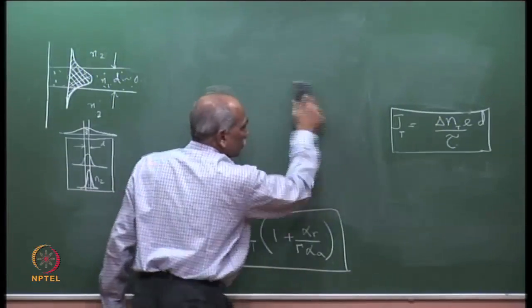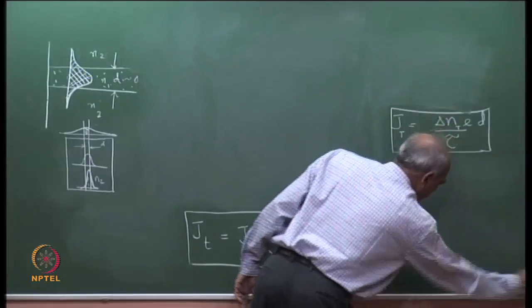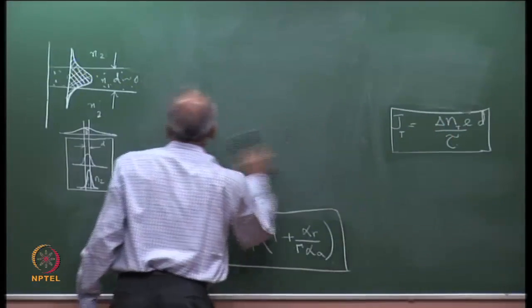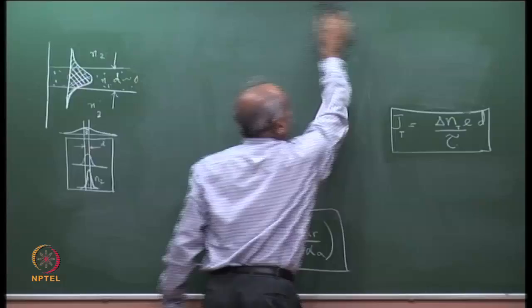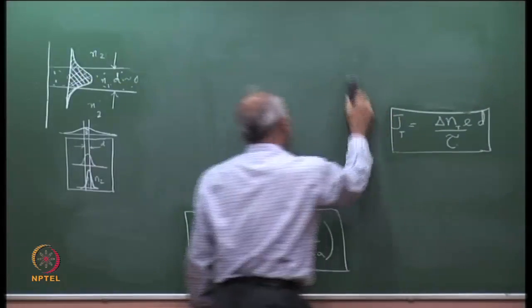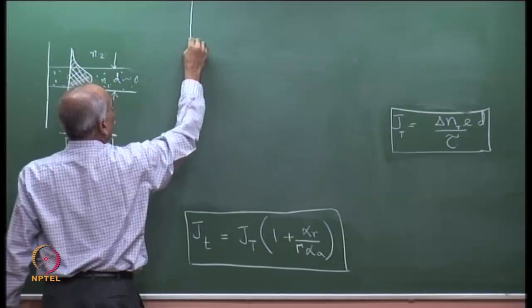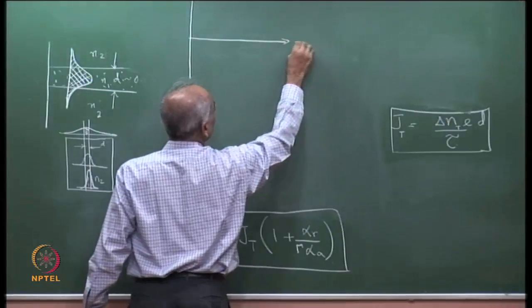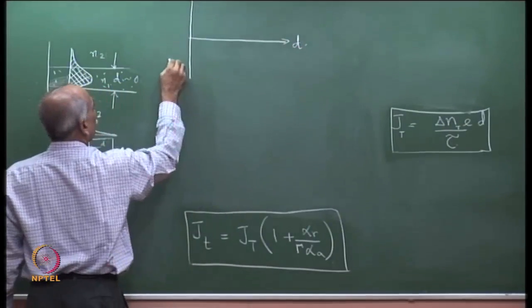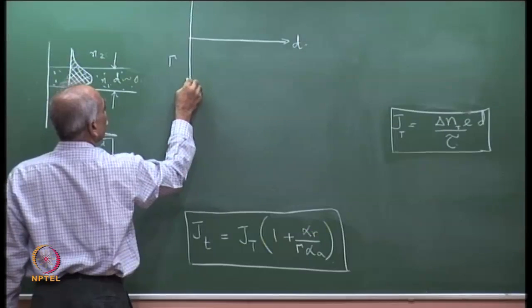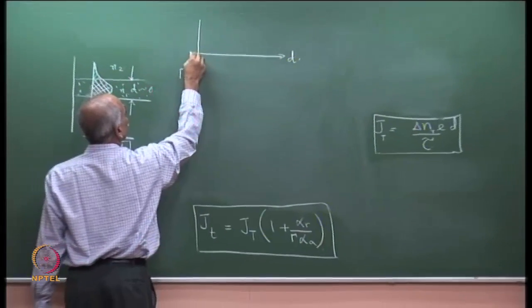I want to plot and see the importance of this confinement factor in determining the threshold current. What I am now plotting is D versus gamma. So, gamma minimum value is 0, maximum value is 1.